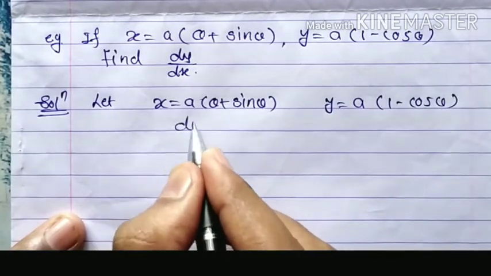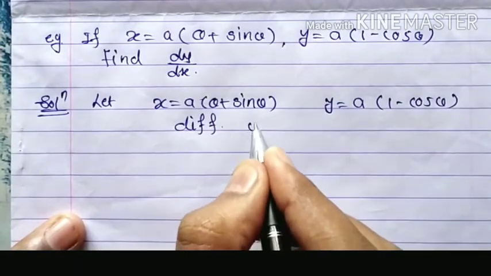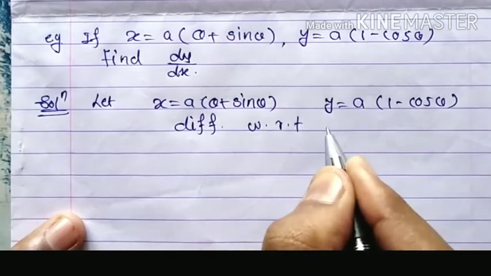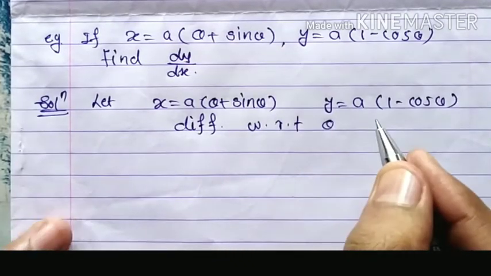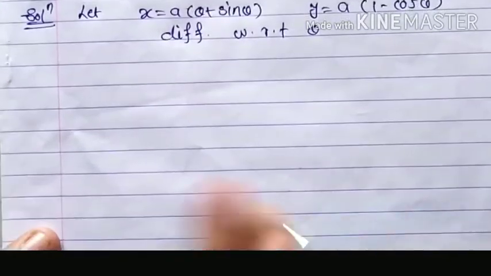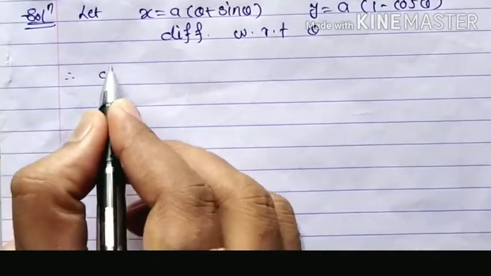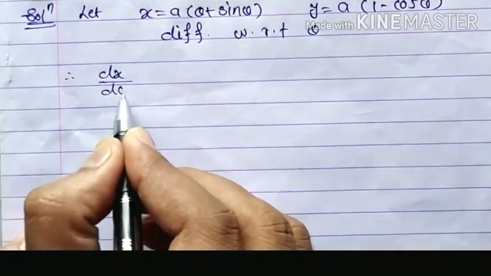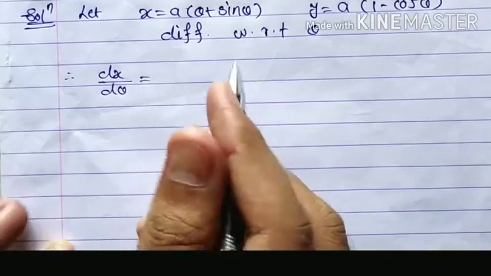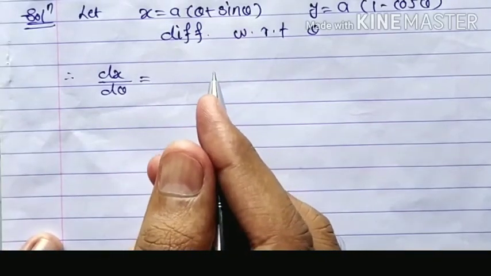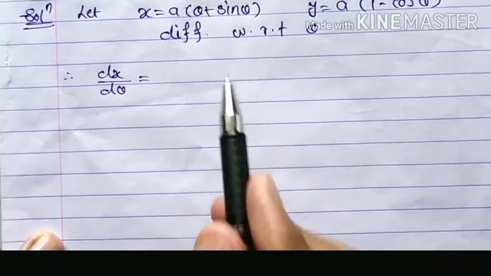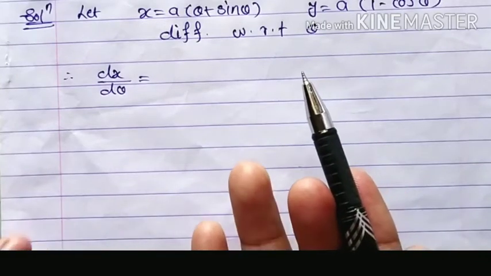So we differentiate this with respect to theta, as theta is the parameter, so that this side becomes dx by d theta. Now as the derivative of sin x with respect to x is cos x, sin theta with respect to theta is cos theta.